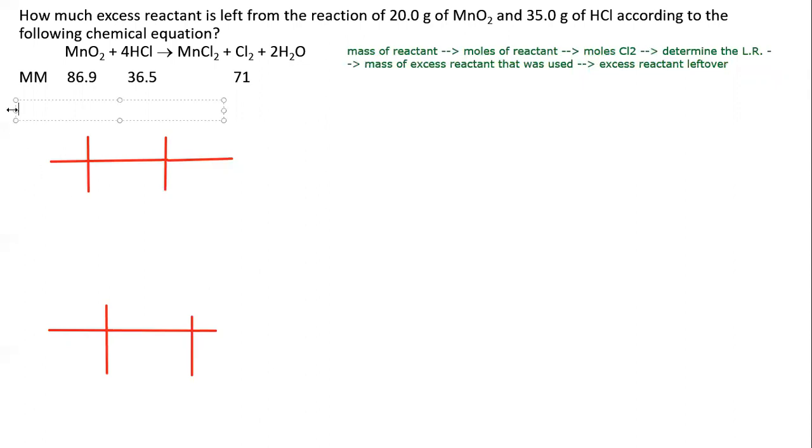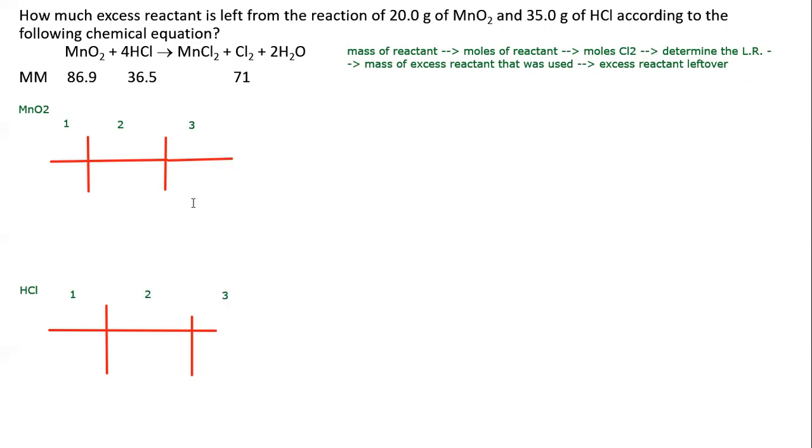So we're going to do one for manganese 4 oxide, the other for HCl. So again, we got slots 1, 2, and 3. Refer to the previous problem, you know what goes in each slot.